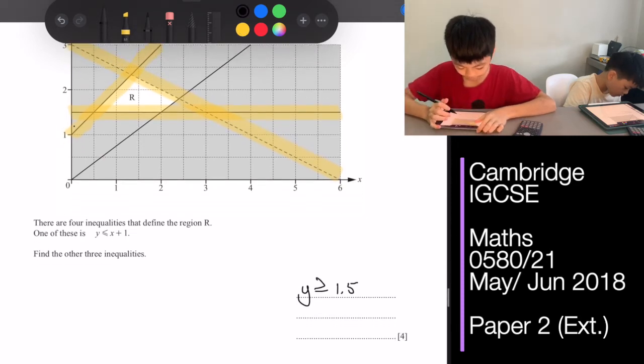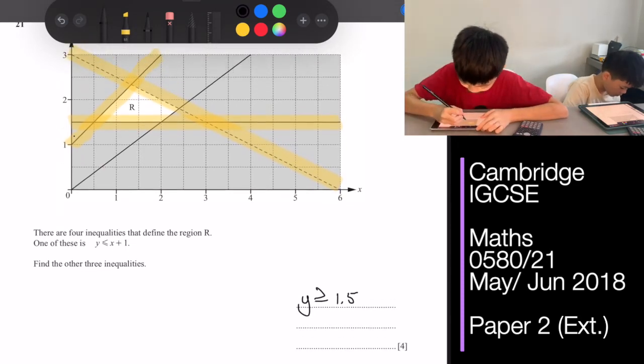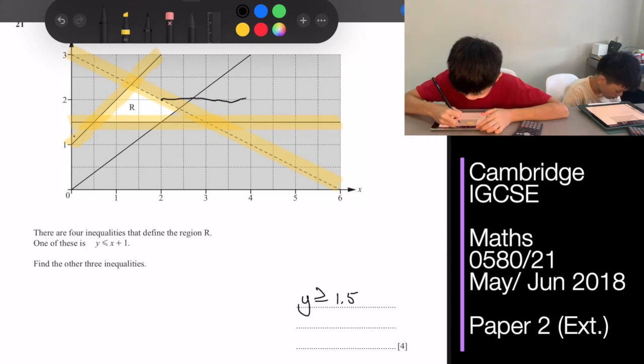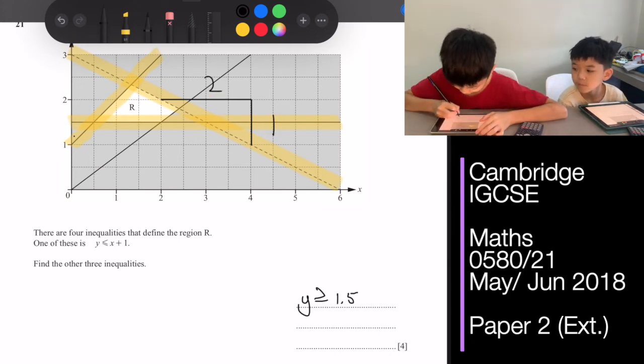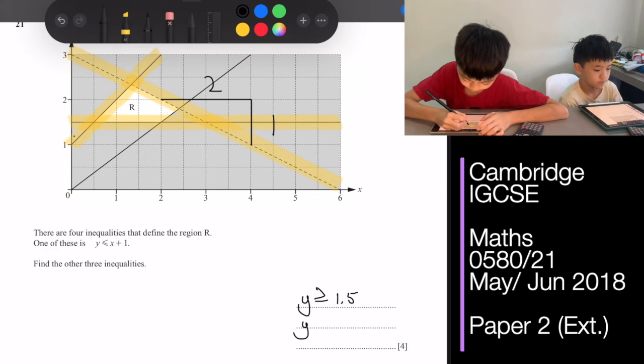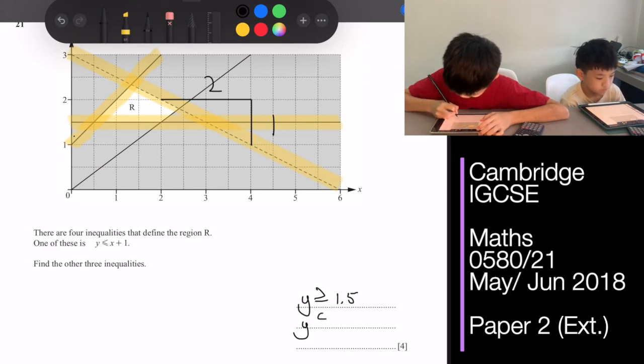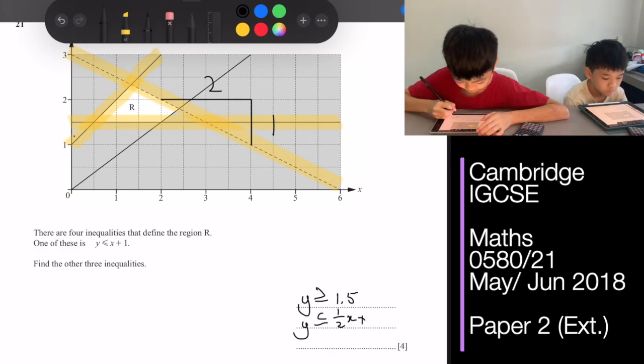So this one, we'll find integers to find the slope, which is this one over here and down, which is 1 and this is 2, so it's half. Y is smaller or equal to half x plus 3.